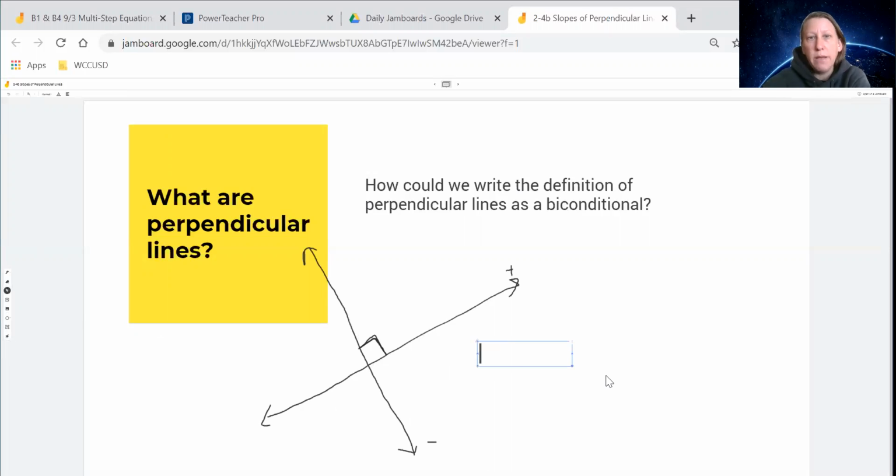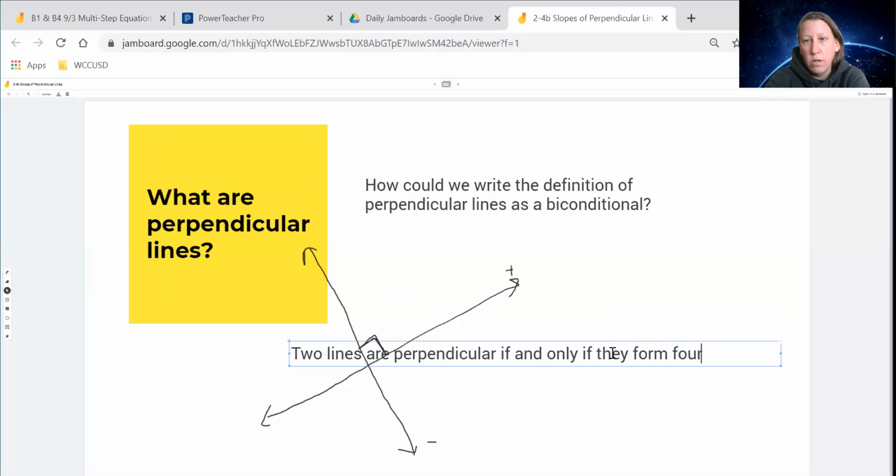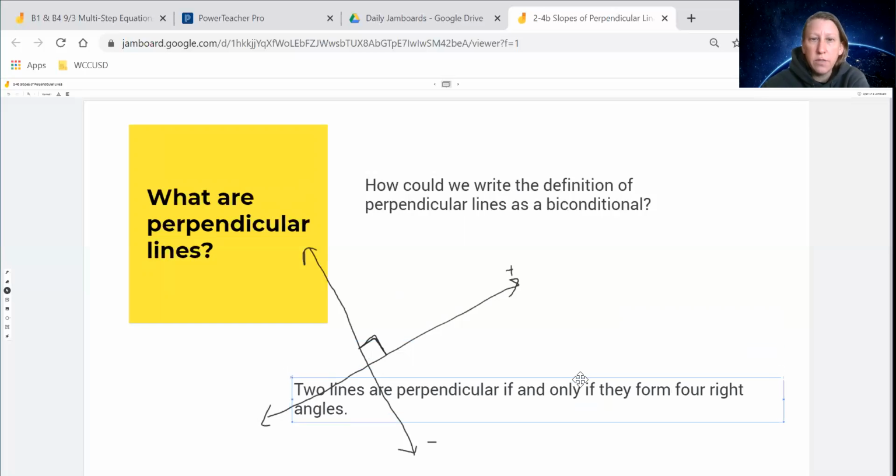If I was going to write that as a biconditional, I would say 2 lines are perpendicular if and only if they form 4 right angles. Okay, that's a pretty good definition. It's pretty strong.